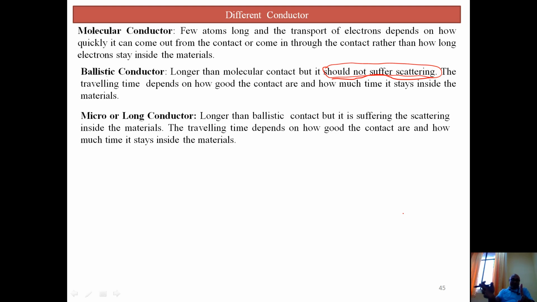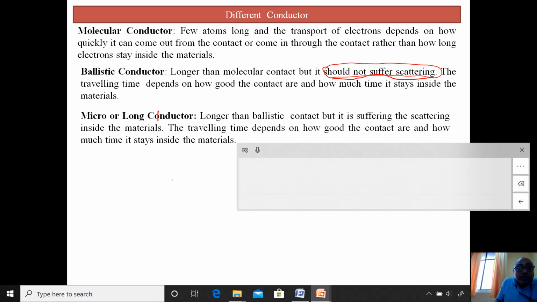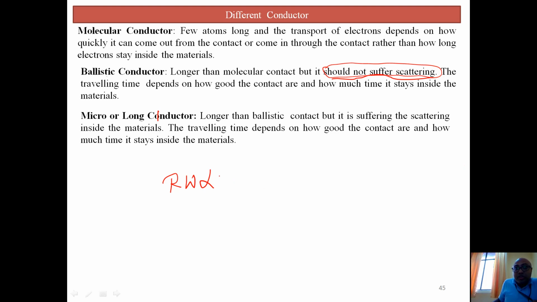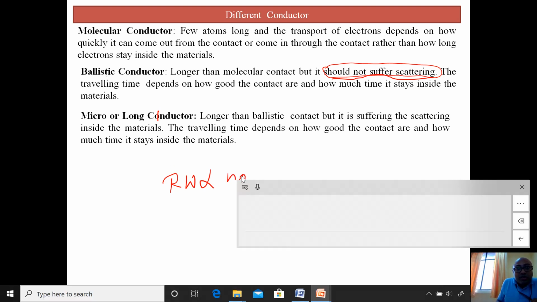So the formula we have derived, RW, is not proportional to or related to length.